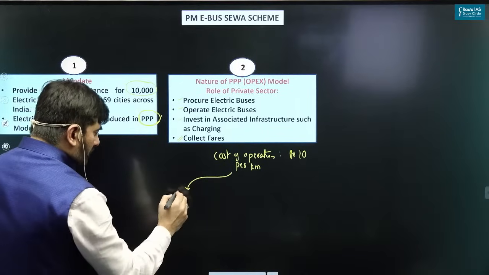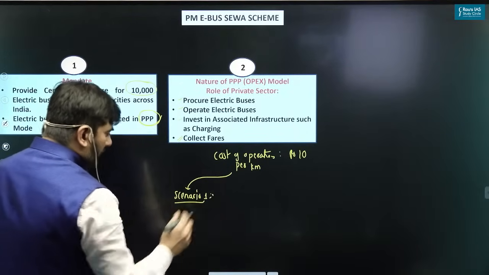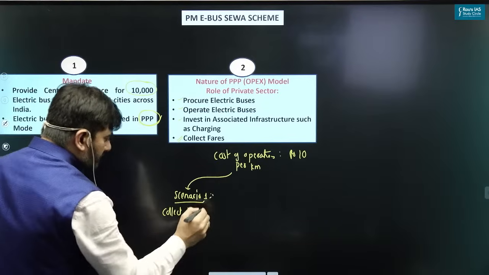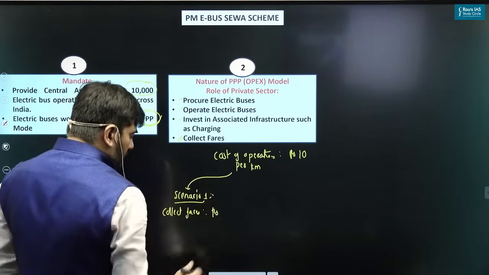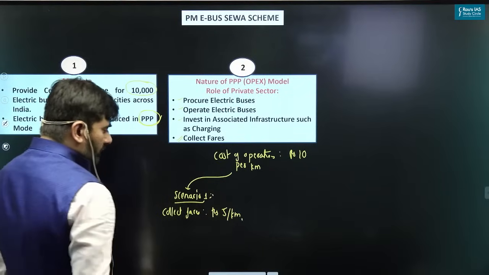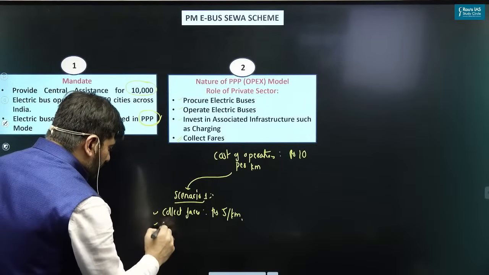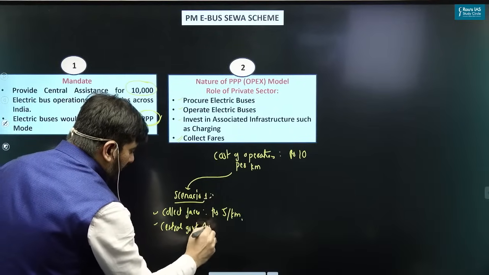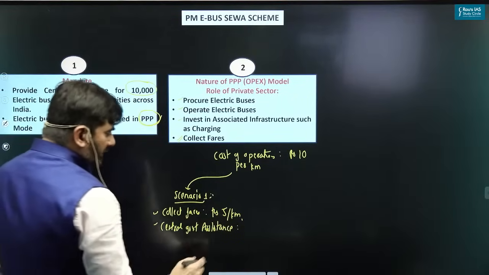Think here, scenario 1. In this scenario 1, let's say it is collecting fares of almost around rupees 5 per kilometer. On an average, it is collecting rupees 5 per kilometer. Here, the central government will provide assistance. This central government assistance is fixed.